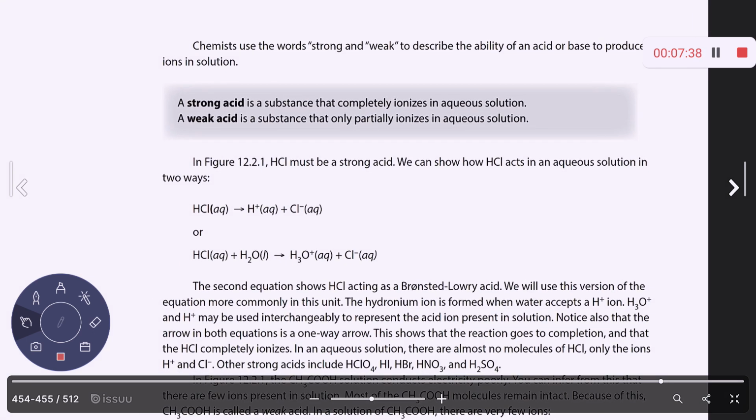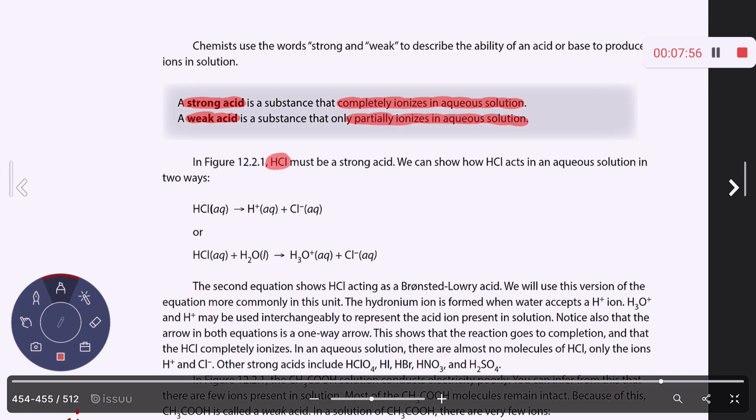Let's talk about the difference between strong and weak acids. Strong acids completely ionize in solution. Weak acids partially ionize in solution.